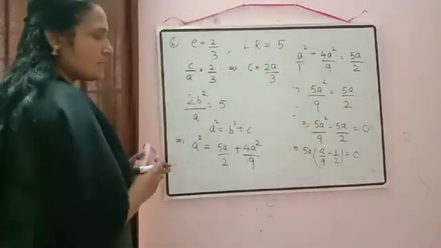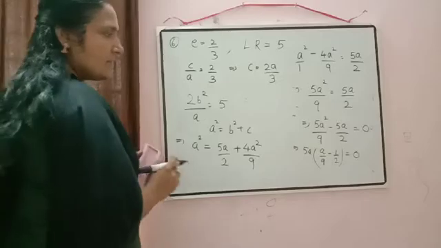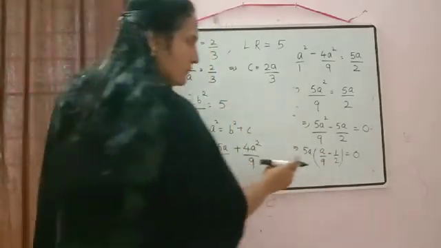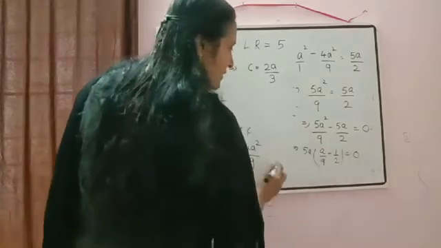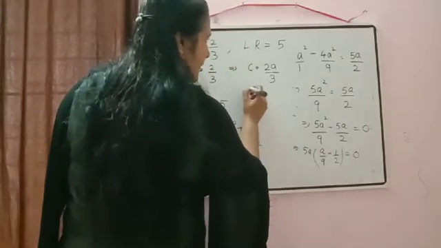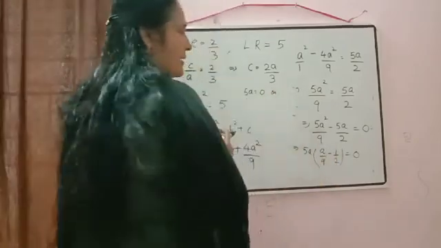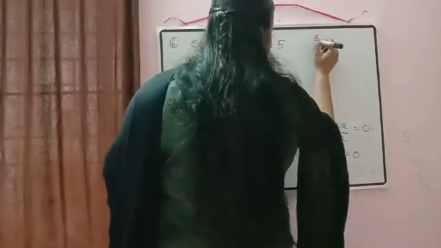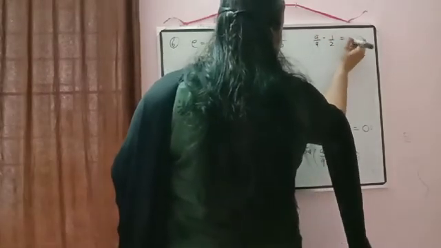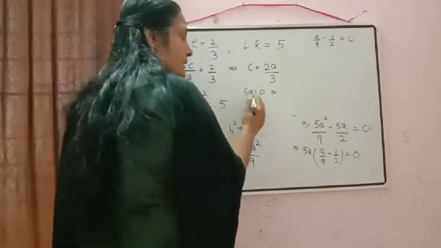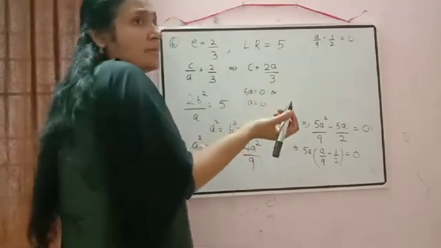Product of two expressions is equal to 0. This will be possible when one of the expressions is equal to 0. So either 5a is equal to 0 or a by 9 minus 1 by 2 is equal to 0. 5a will not be equal to 0 because if 5a is equal to 0 means a is equal to 0.